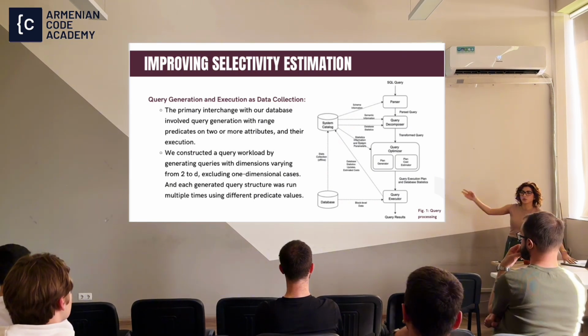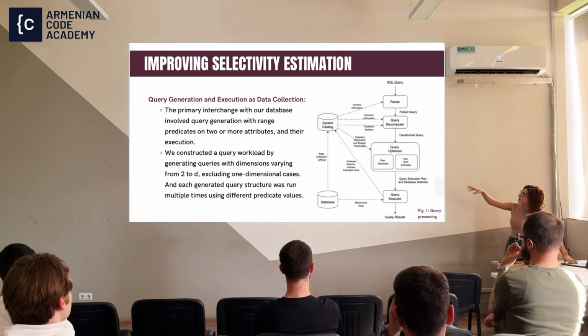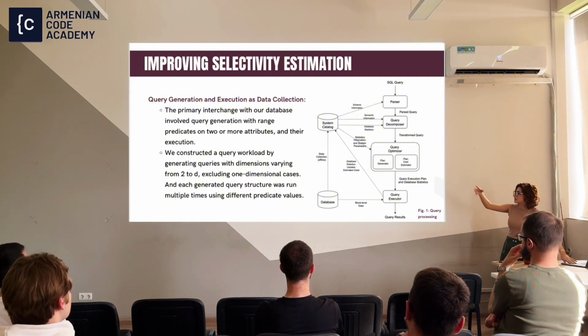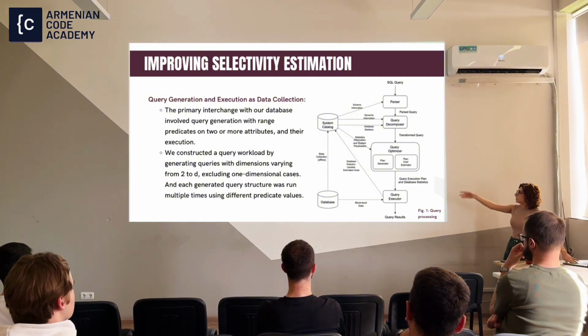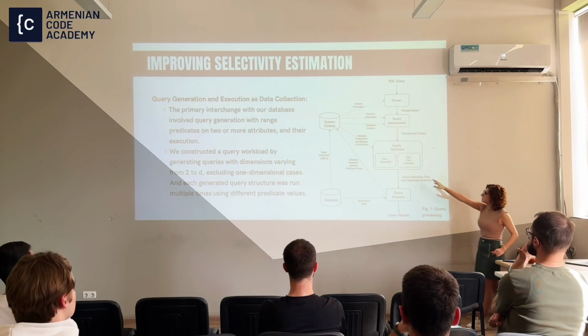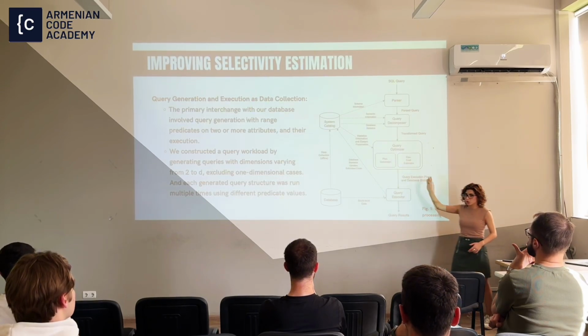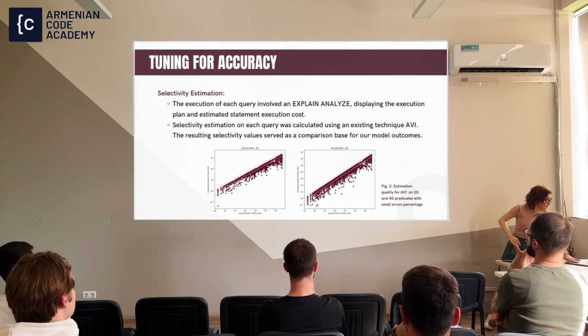Yeah, this is the whole picture, like how the program works. The system catalog gets all of these statistics and gives them to the optimizer, and the optimizer is doing plan generation or end-to-end cost estimation.